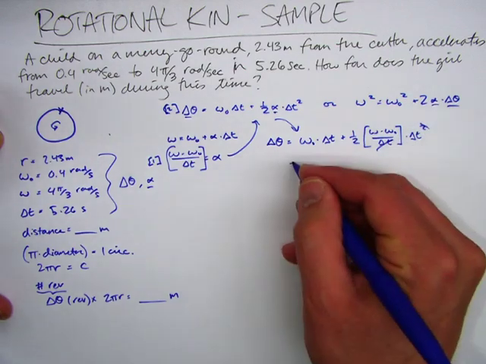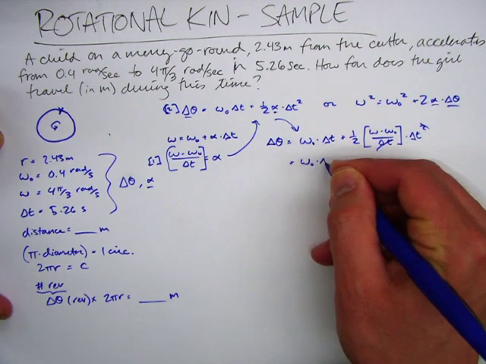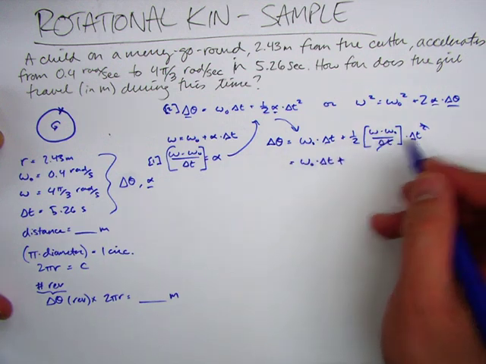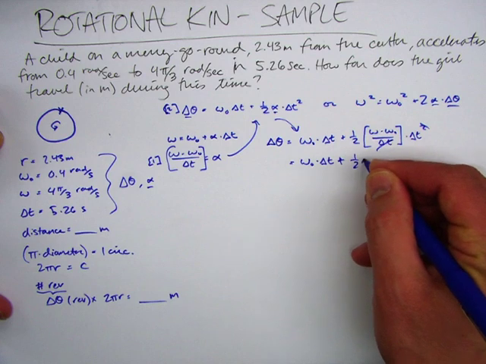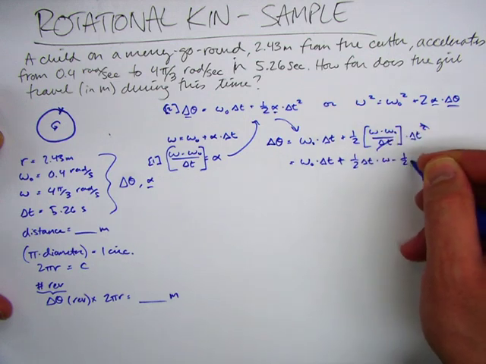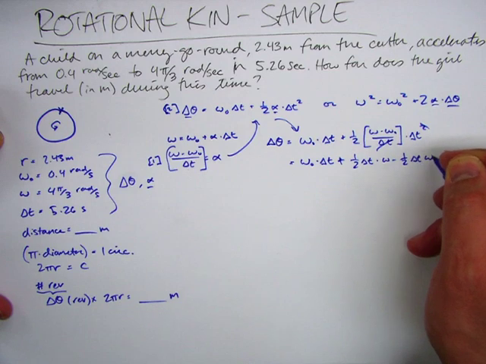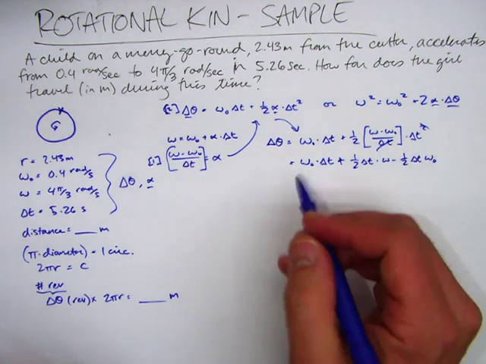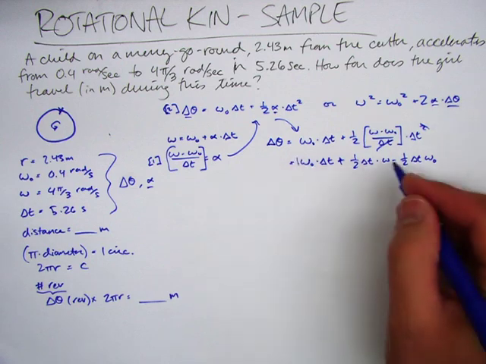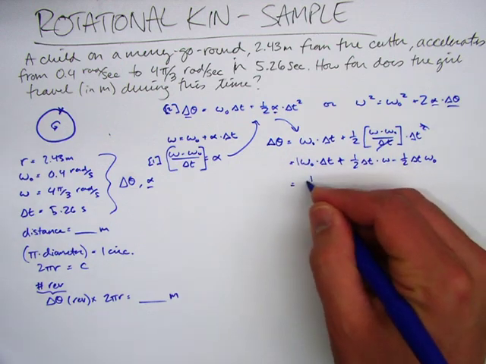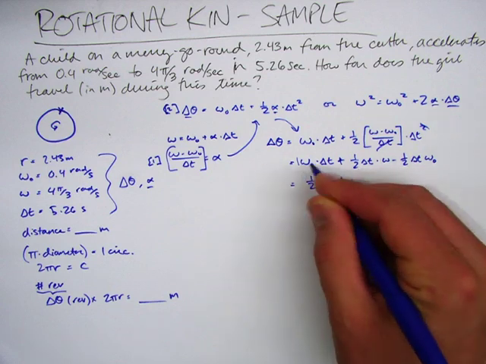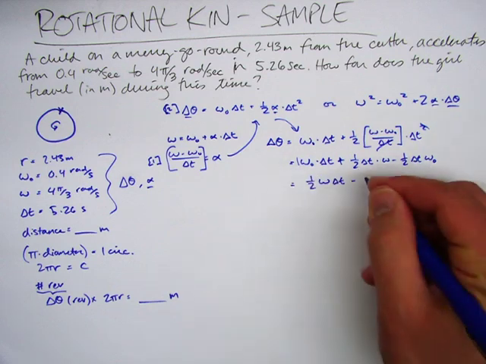So I'm left with omega naught delta t plus, and I'm going to distribute this out: 1/2 delta t times omega minus 1/2 delta t times omega naught. So I have an omega naught delta t and a minus 1/2 omega naught delta t, so I basically have 1/2 omega delta t.